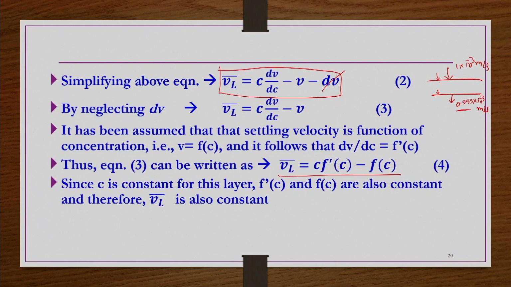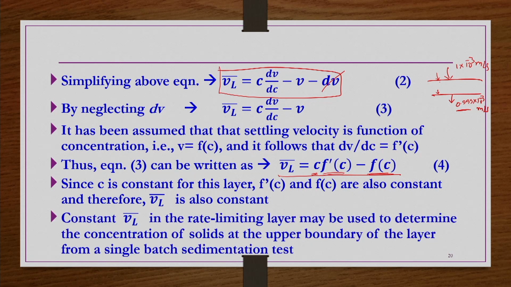It is just a designation. Since C is constant for this layer, both f prime C and f C will be constant. So, VL bar is also going to be constant.